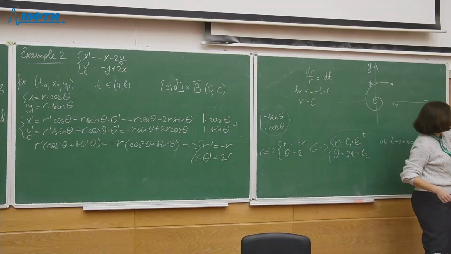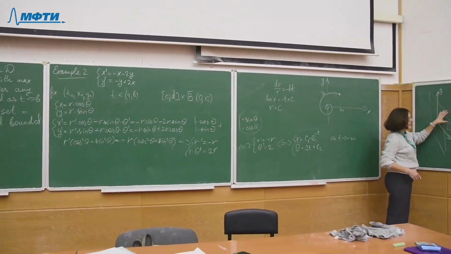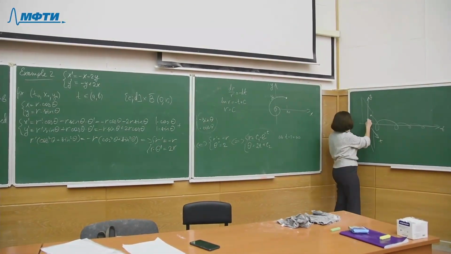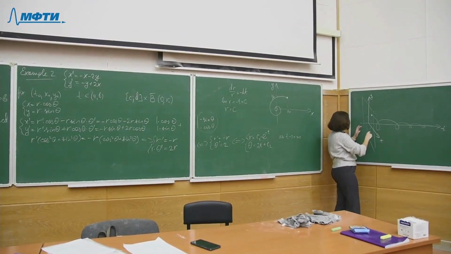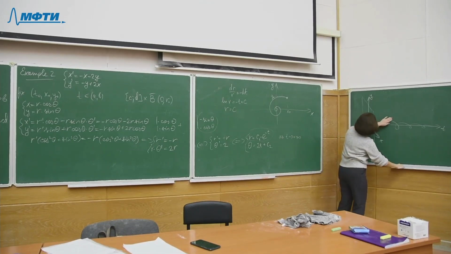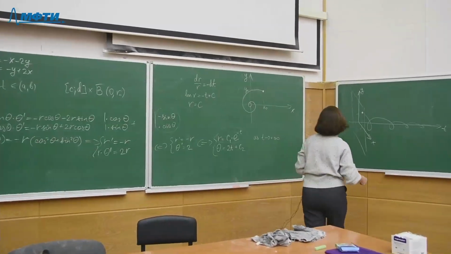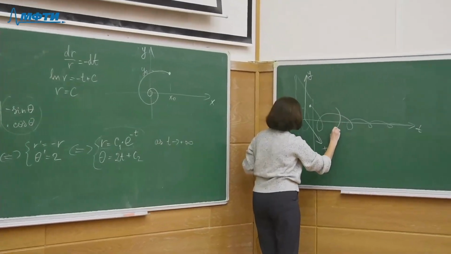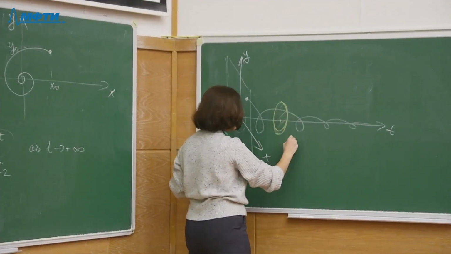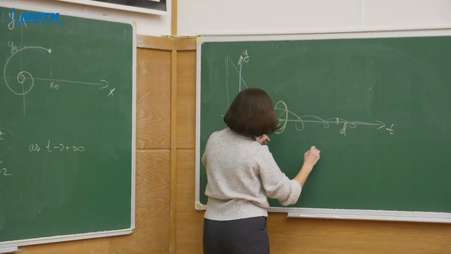I can draw this compact set here in 3D. This will be the ball multiplied by the segment. I will use colored chalk. Okay, so the compact set will be, so this is the ball of radius r. This is the time period from C to D.